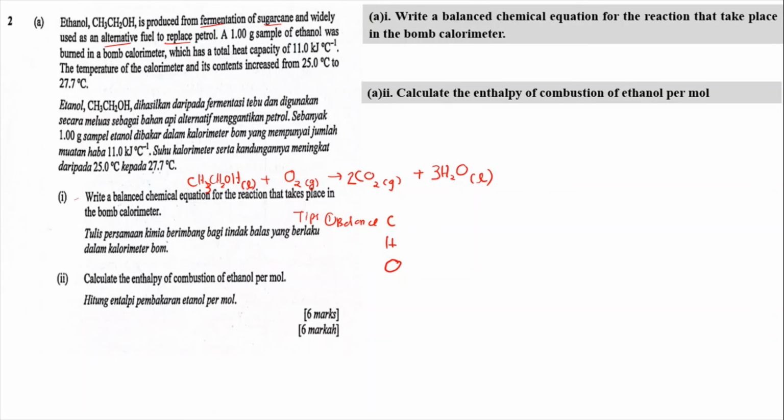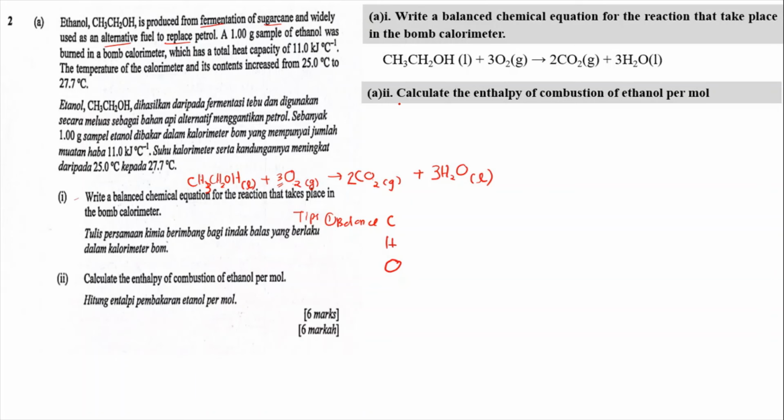Okay, but here already got 1, so I'm going to add up 3 here. So 6 oxygen plus 1 akan ada 7. 2 darab 2, 4 tambah 3 pun 7. So this is how to write a balanced equation. So the answer is going to be CH3CH2OH liquid plus 3 oxygen gas produces 2 mole of carbon dioxide gas and 3 mole of water.